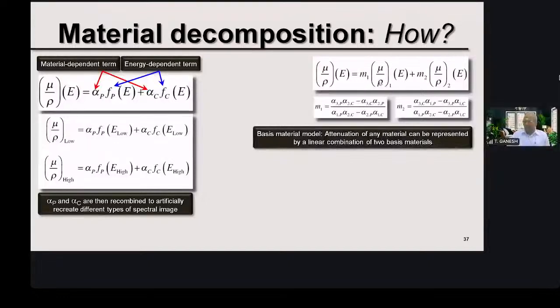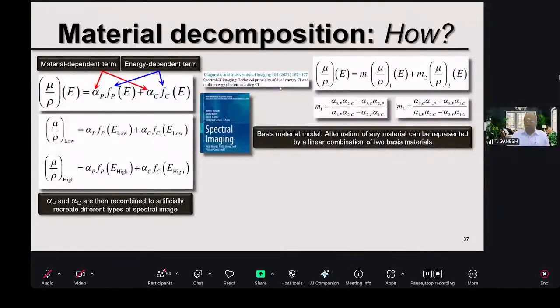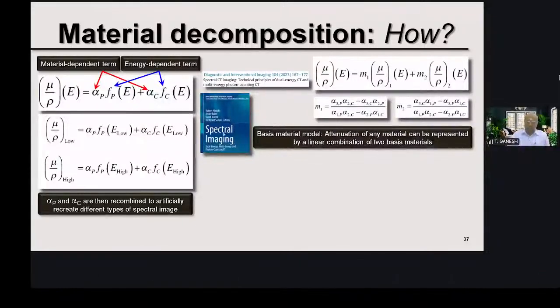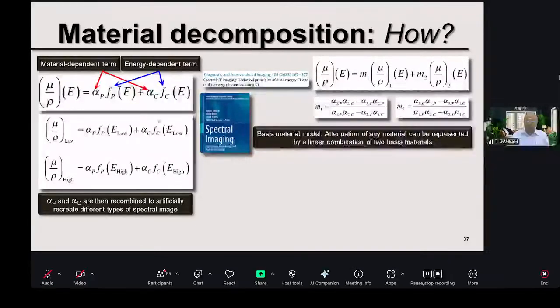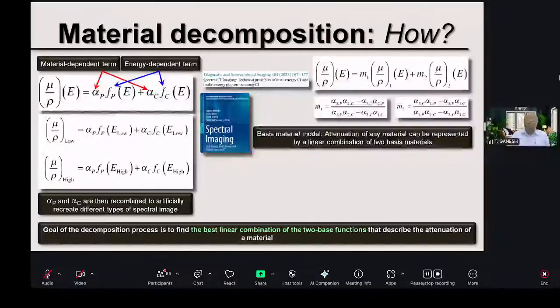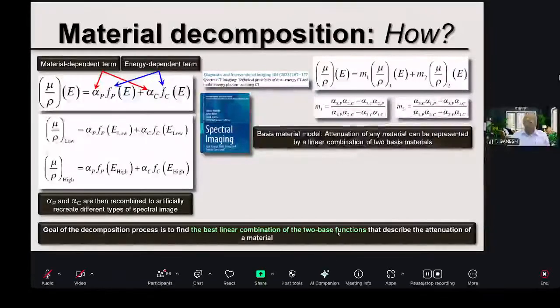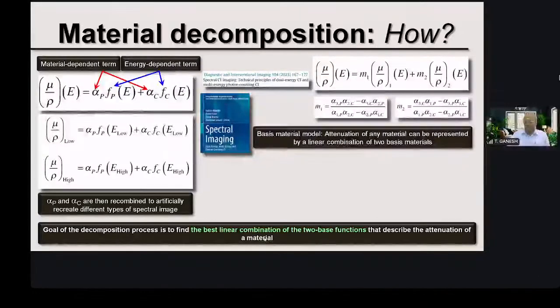Attenuation of any material can be represented by a linear combination of two basis materials. Please refer to these papers, and there are many other papers and books. This is a book and this is a paper to know more about these mathematical terminologies. But the goal of this material decomposition process is to find the best linear combination of two base functions that describe the attenuation of a material.